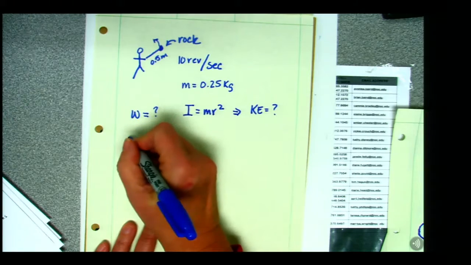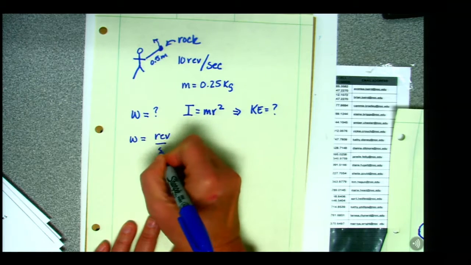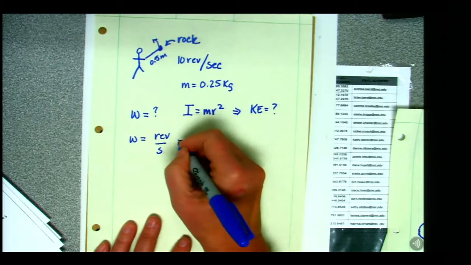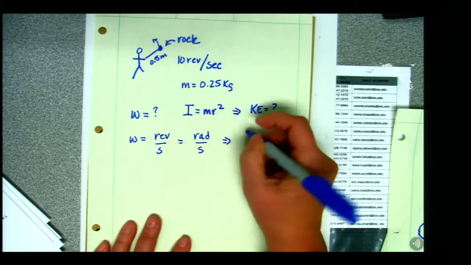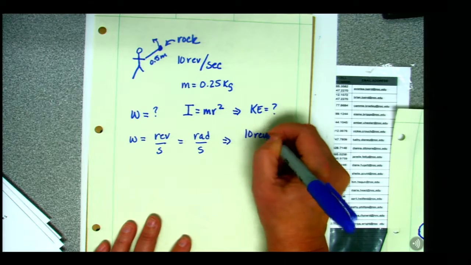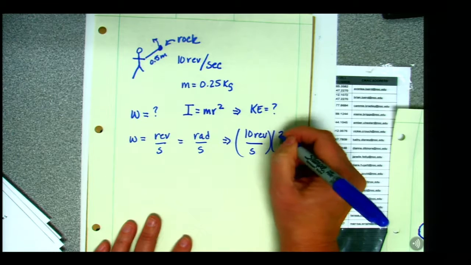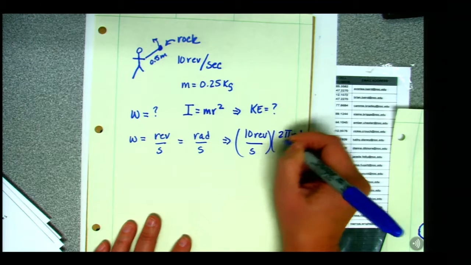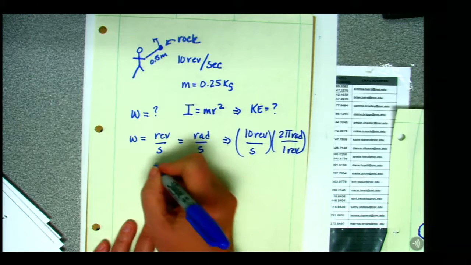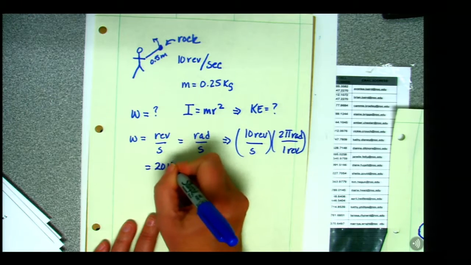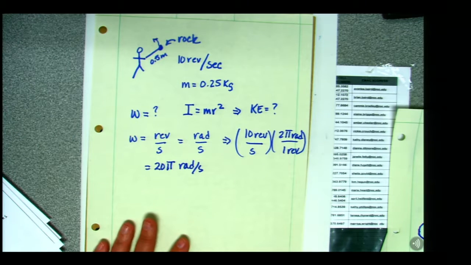We've got it in revolutions per second, but we want it in radians per second. So we take our 10 revolutions per second and convert that to radians, and there are 2 pi radians per revolution. So now I have 20 pi radians per second as my angular velocity.